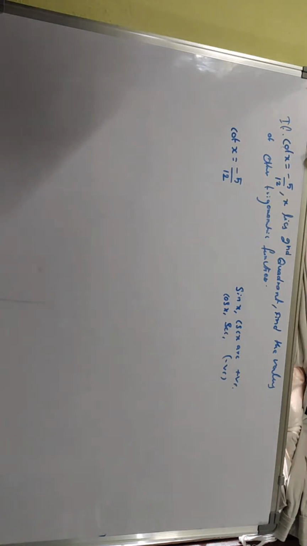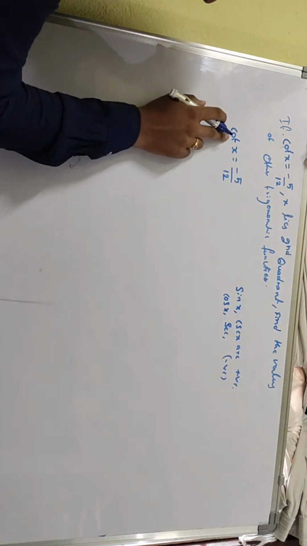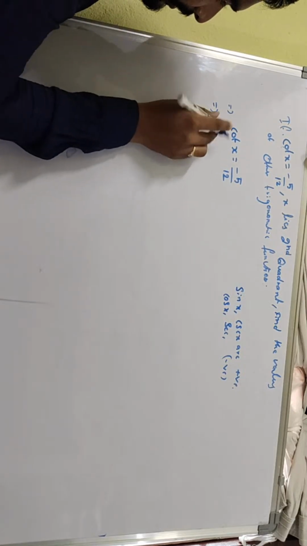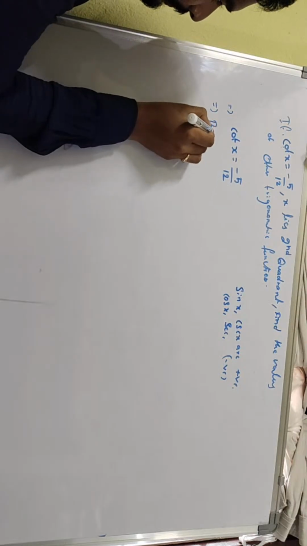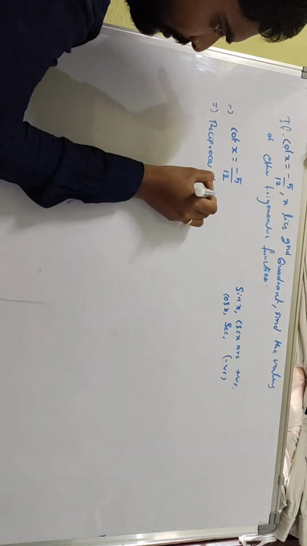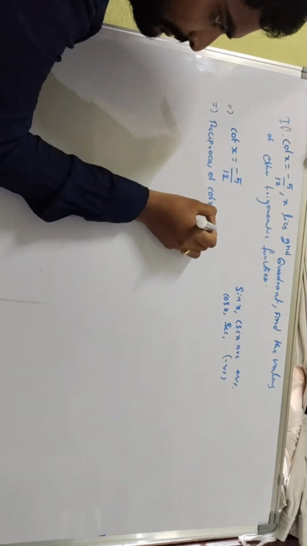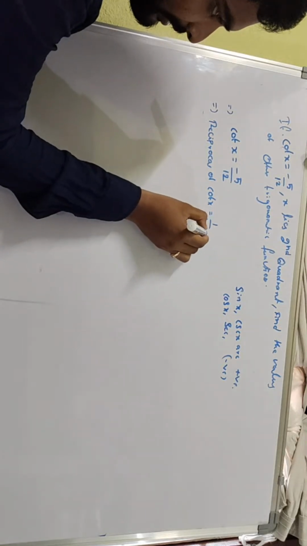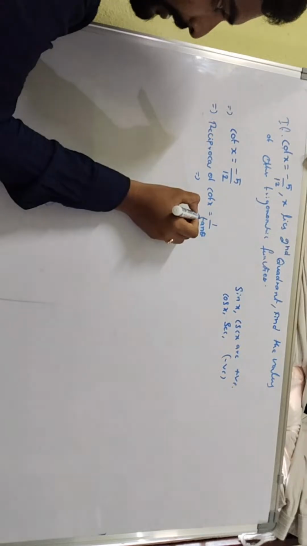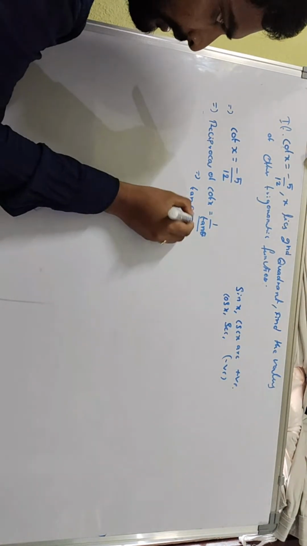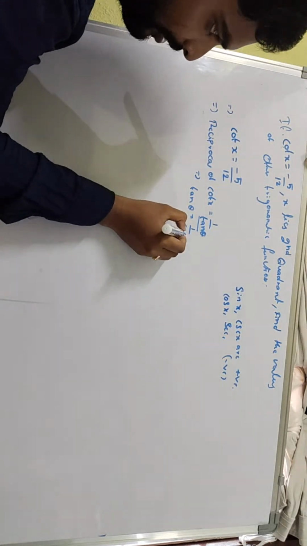And we are well aware of the formula: the reciprocal of cot x is equal to tan theta. So tan theta is equal to 1 by cot theta.